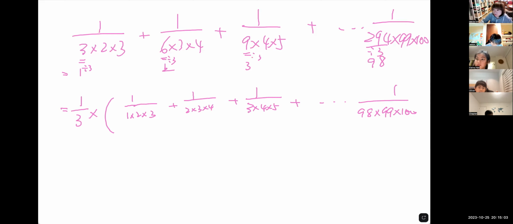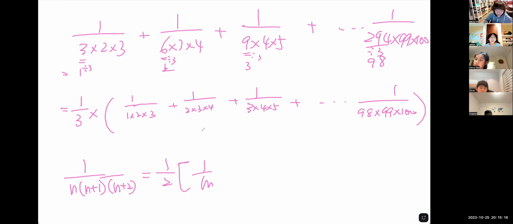Get it, everybody? So if you have this one, you have another equation, 1 over n times n plus 1 times n plus 2. You have a formula. Let me just check my book because I forgot that formula as well.